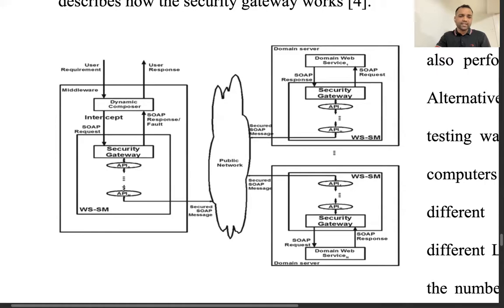Then it will be divided into several APIs, and this secured SOAP message will reach the security gateway of the domain server side through the internet. When the server receives those messages, it will send the response back through the security gateway of the server. It will again be divided into multiple APIs and sent to the security gateway of the middleware on the sender side. Then the dynamic composer receives those messages.